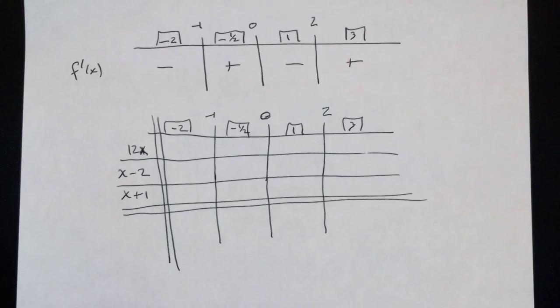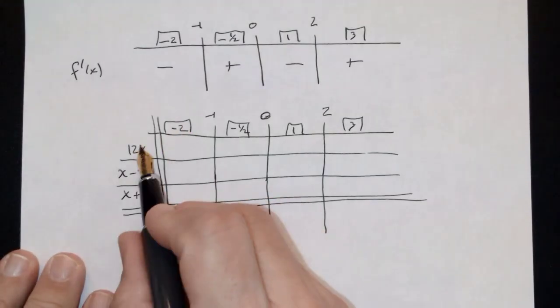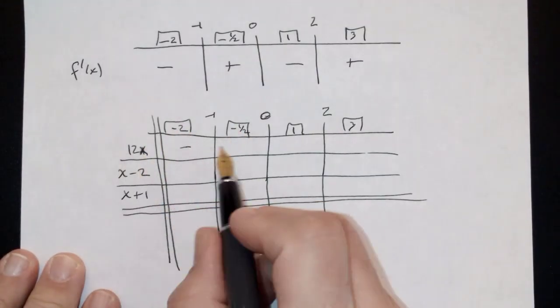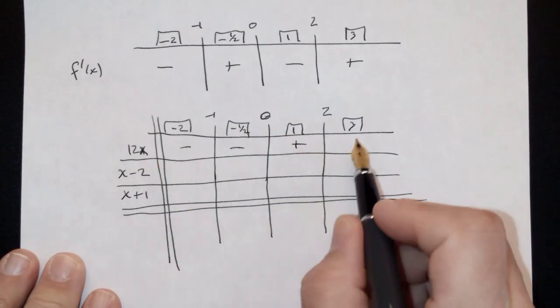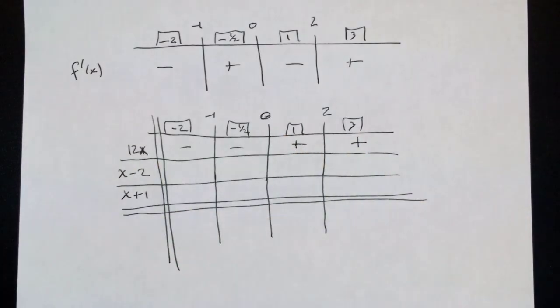And it's a lot easier to plug into just 12x, or to plug into x minus 2, or to plug into x plus 1, than it is to do all the cubing and squaring and multiplying and adding. So I'm just going to plug in directly. -2 times 12, -1/2 times 12, 1 times 12. All I really care about is whether it's positive or negative. I don't care what the number is.